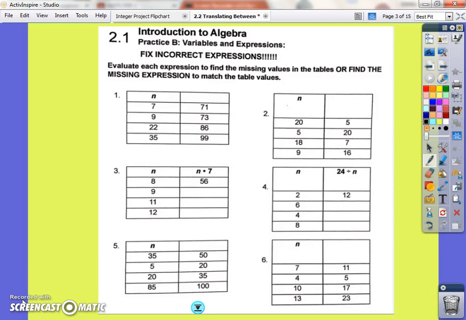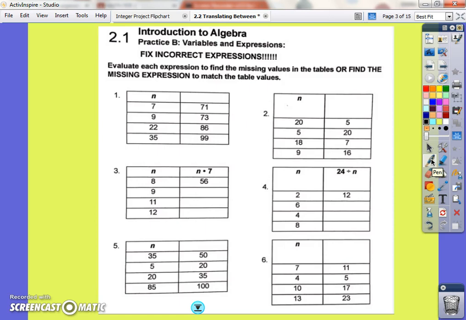Okay, well, let's say 7 times 10 is 70, maybe if I add 1. But then 9 times 10 is 90, so that doesn't work. And it's not going to be division or subtraction because your output is bigger than your value for n. So we know it's probably going to be some sort of addition or some sort of exponents. And these take trial and error.